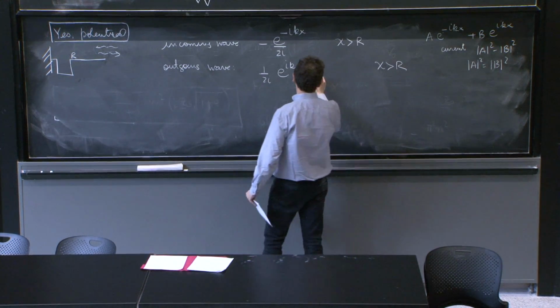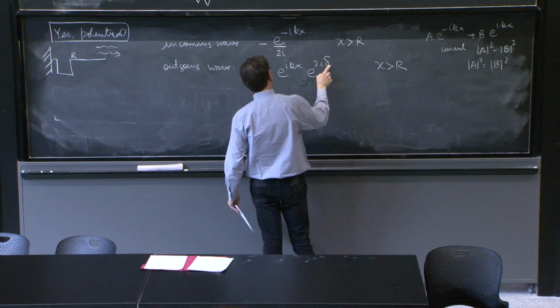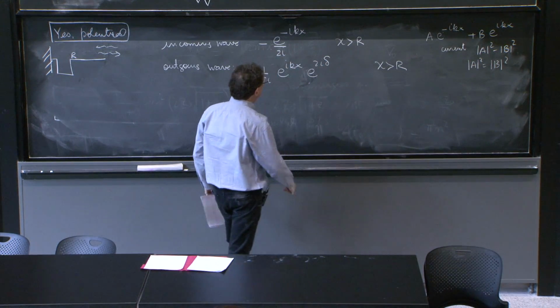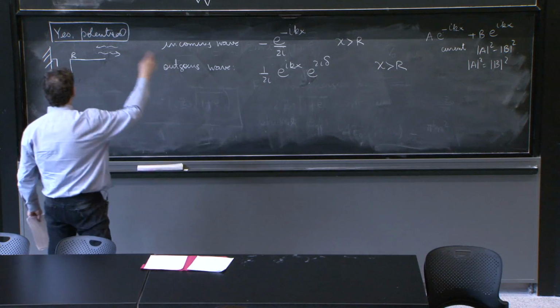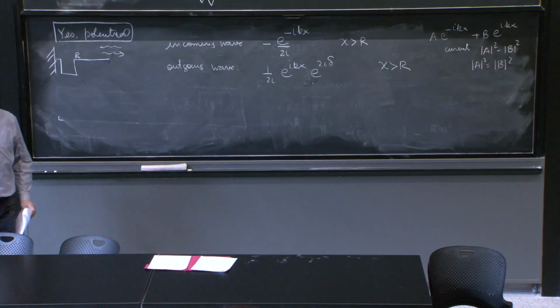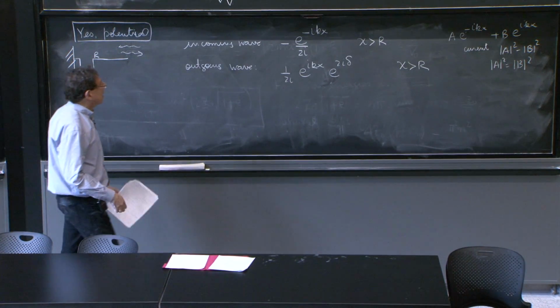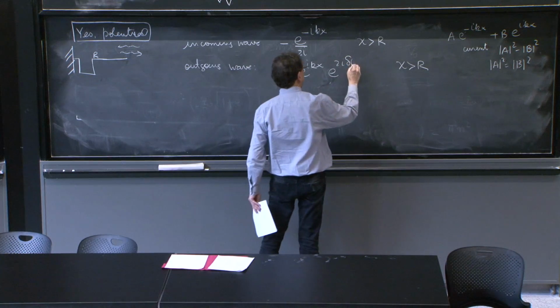So we'll put an e to the 2i delta. And this delta will depend on k, or will depend on the energy, and it will depend on what your potential is. But all the information of this thing is in this delta that depends on k.